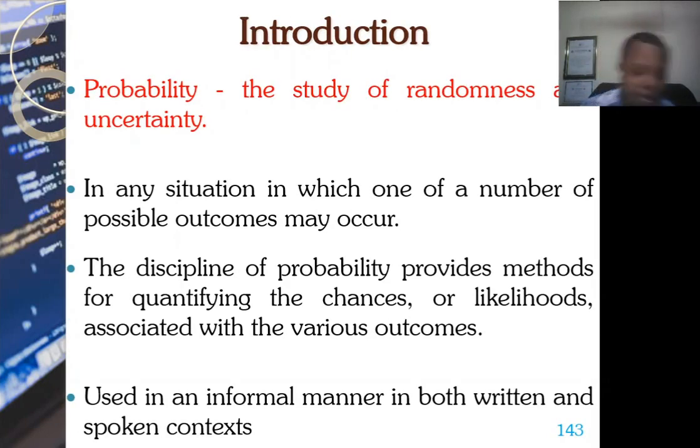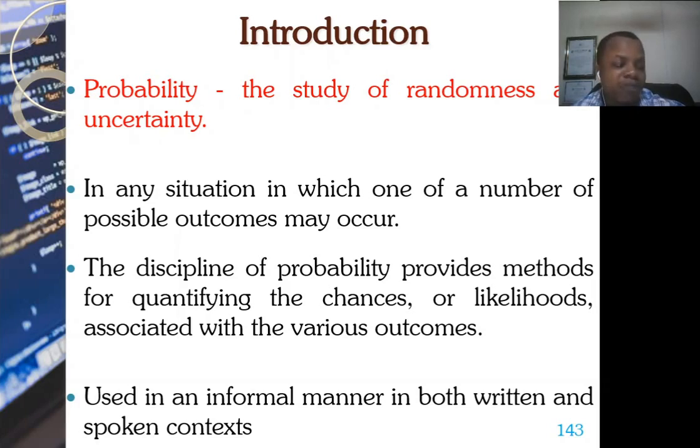Now, once we talk about probability, it all refers to the study of randomness and uncertainty. In many situations in which a number of possible outcomes may occur, we are likely to use the term probability.